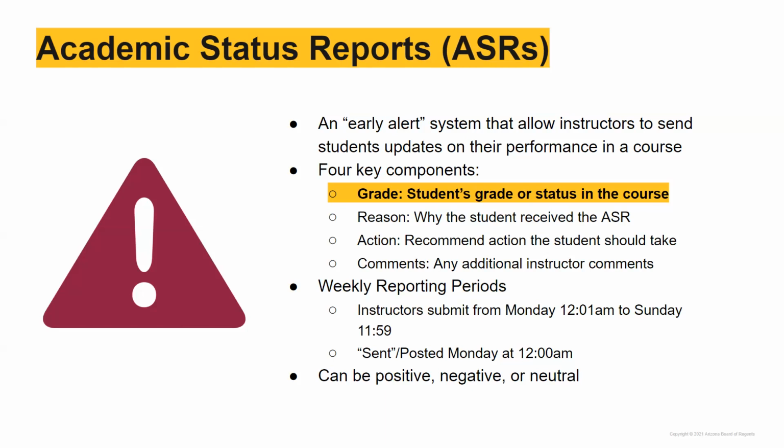So if you've never seen it before, that little symbol on the screen there will show up next to their class if they've received an ASR. Unfortunately, I think they get that symbol regardless of whether the ASR is positive or negative, but that is the symbol that they will see. They'll click on it, and then they'll see what the actual ASR is, and it'll have all the information: when it was submitted, their grade, and any actions, reasons, or comments.